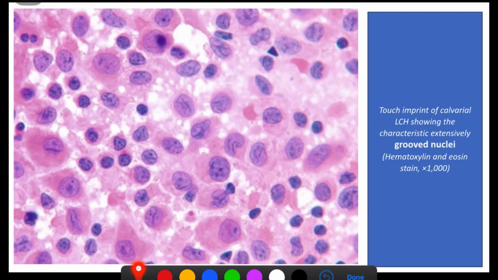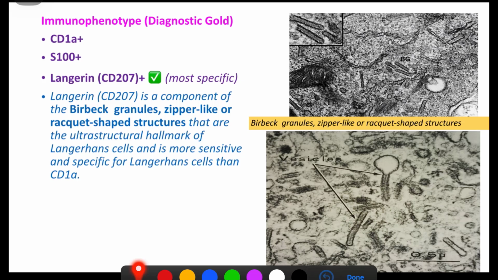This is a touch imprint from LCH showing grooved nuclei, beautifully seen here in this HE stain. So these are the Langerhans cells. And the diagnostic gold is this granularity in the cytoplasm.